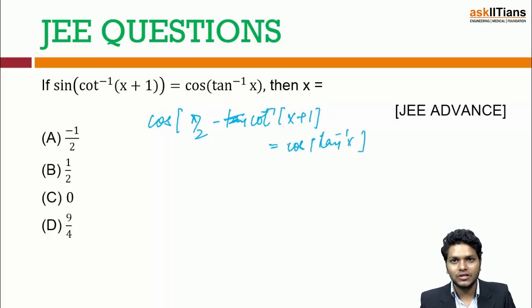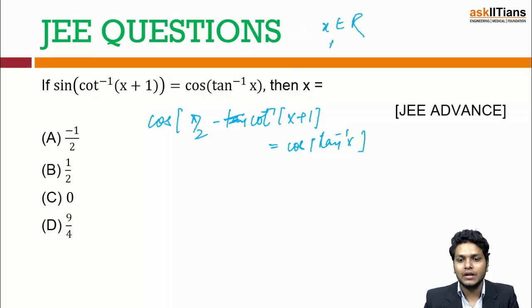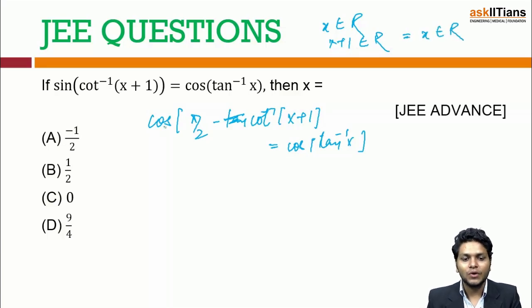Now, doing the same thing, checking for the definition of the inverse functions: tan inverse x is defined for all real x, and cot inverse of (x plus 1) is defined for all real x, hence x is defined for all real. So now I have equated cos of (pi by 2 minus cot inverse of (x plus 1)) to cos of tan inverse x.